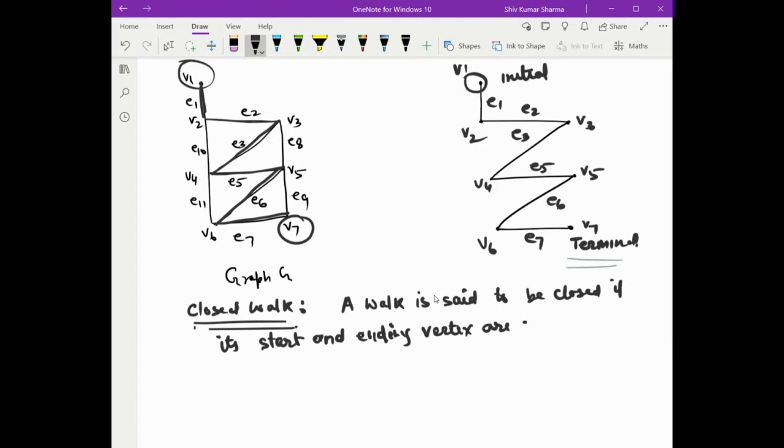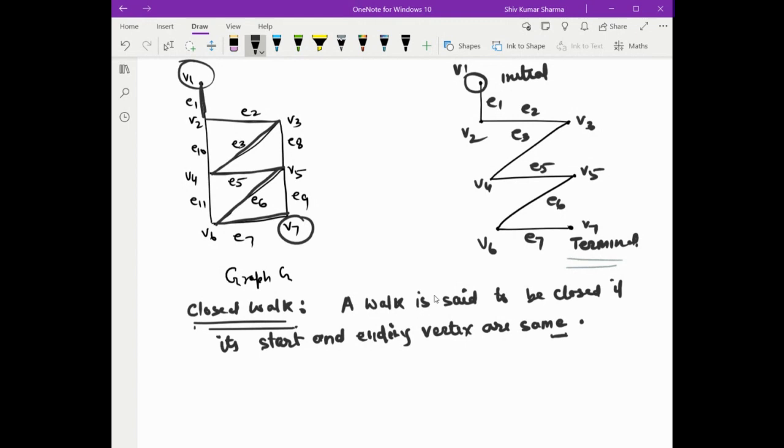Start and ending vertex are same. So when we start our visiting, then we end that visiting there. So in this definition we visit vertex V1, V3, V5, then return to the vertex V1.